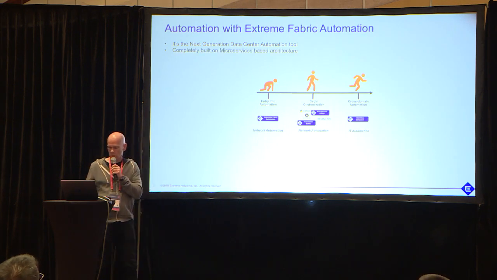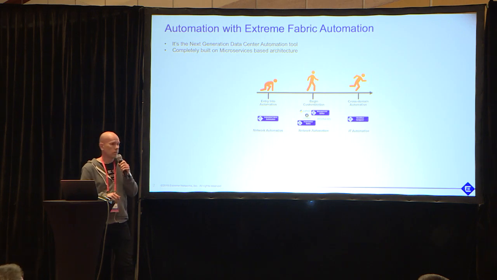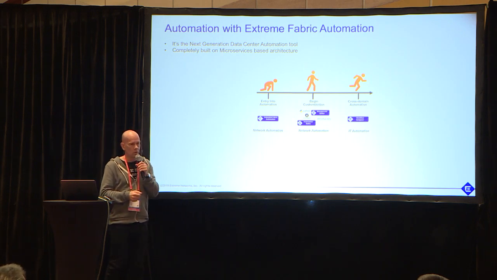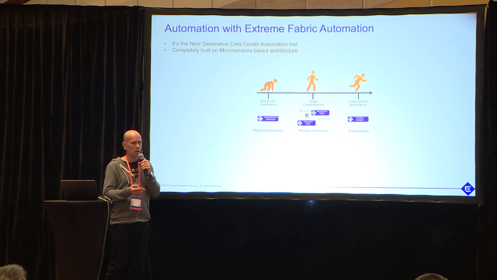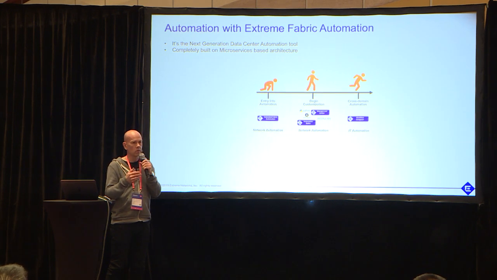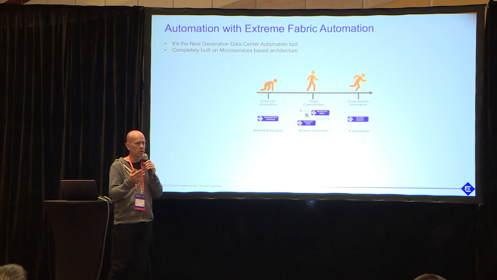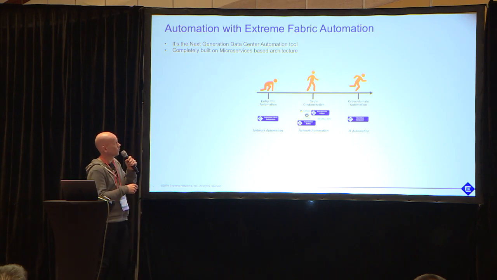Moving ahead, when we start to talk about network automation, my presentation is based on the Extreme Networks automation for the fabric part. So I'm going to focus on a data center fabric, which is a new, innovative fabric automation based on a microservices architecture.